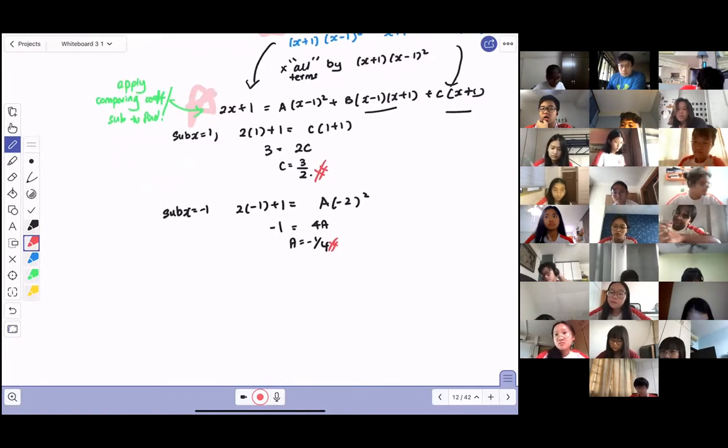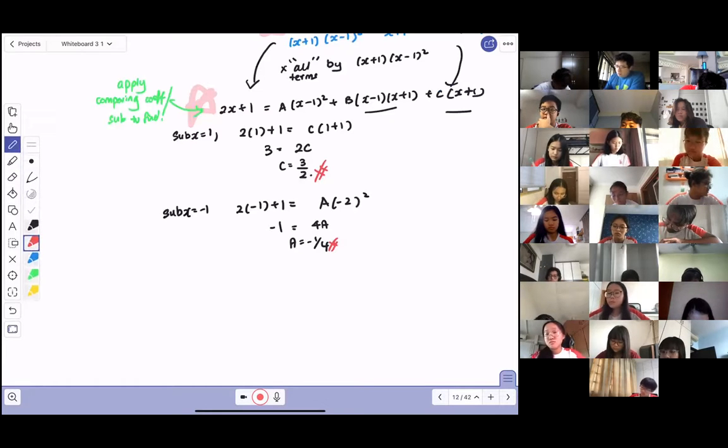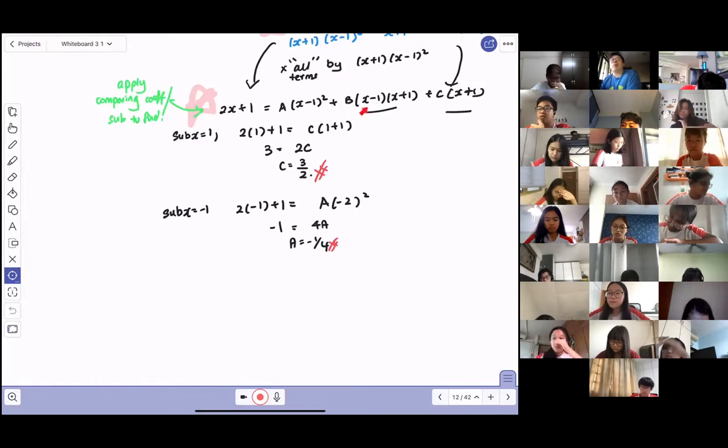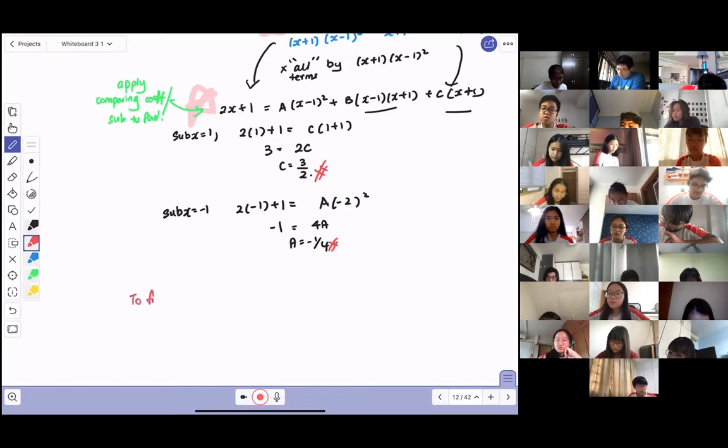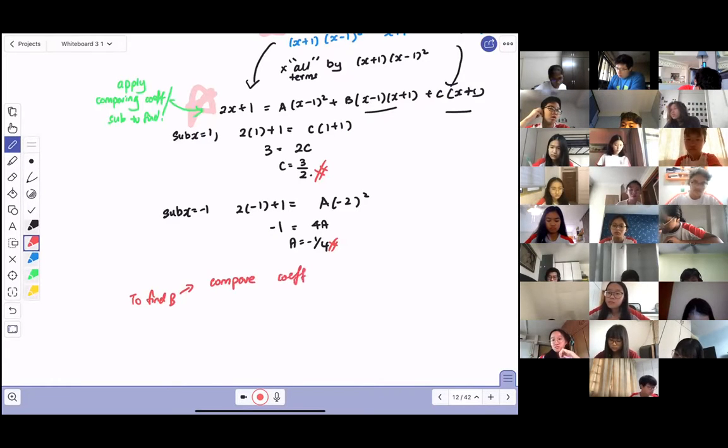Finally, after that, find your B. So your B, you can do anything because B will be the last guy. So to find B, you can compare coefficient of x squared. You can sub x as 0. So for the last one to find B, many ways. You can compare coefficient of x squared. You can sub x as 0.